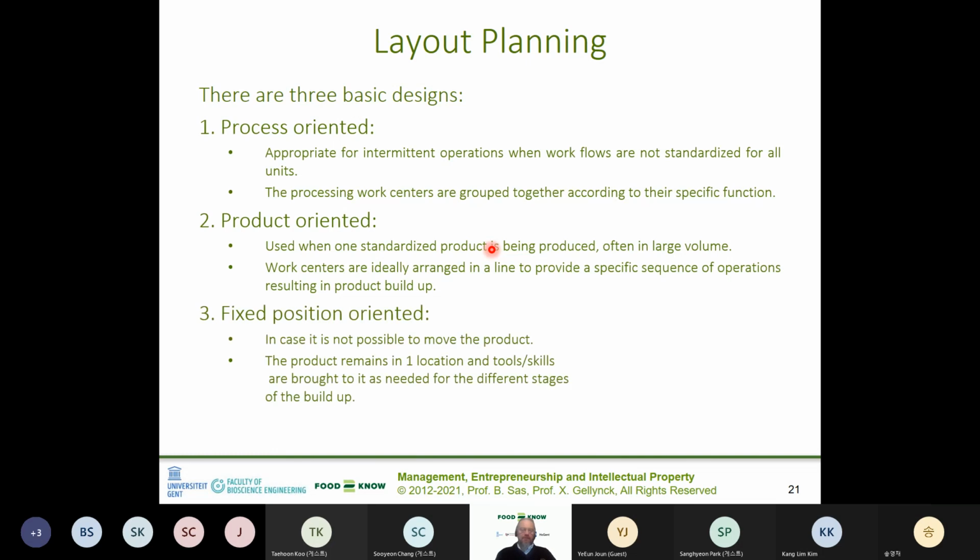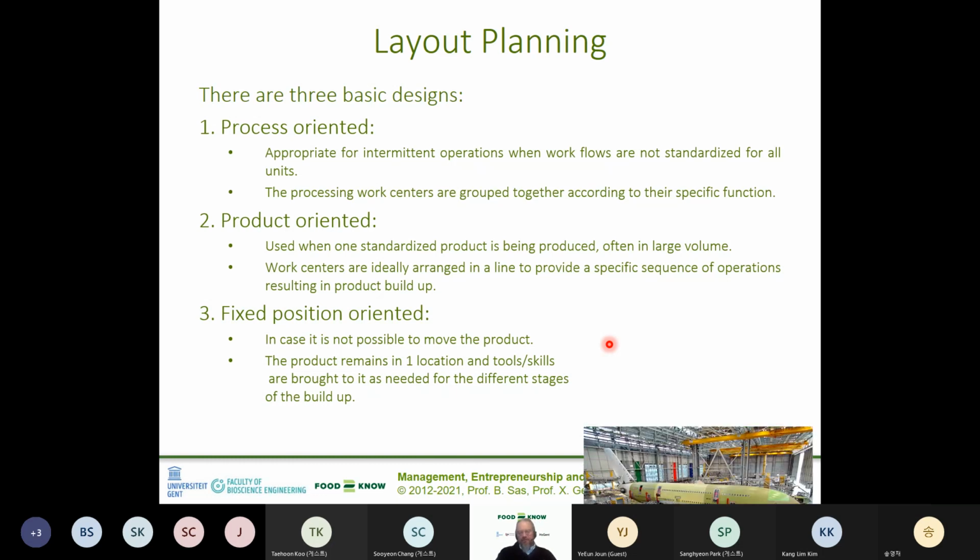That's product oriented. And then you have fixed position oriented. That's a very different type of approach. So you have one specific final product which stays at the same location, and then different teams are pulled in to work on that product.